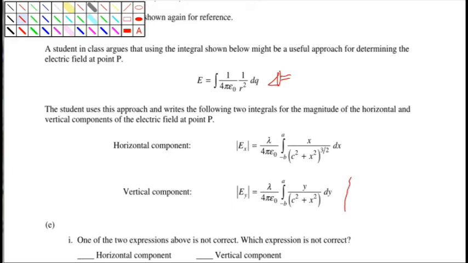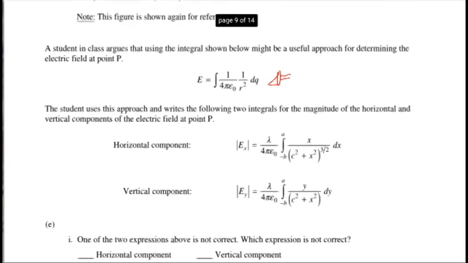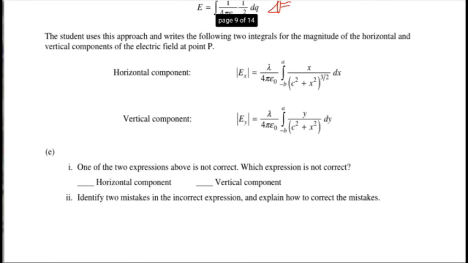And what they ask us, once again, what of the two expressions above is not correct? Which expression is not correct? And to find what needs to be fixed here, or actually we can take the easy route on this. The fastest way to identify the incorrect component in this problem is to check the integration variable.